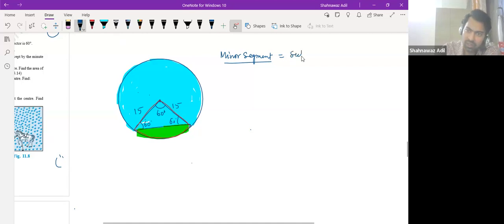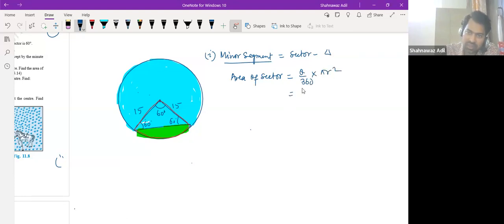So sector minus triangle. So what is the area of sector? Area of theta by 360 into pi r square, which, theta is how much?